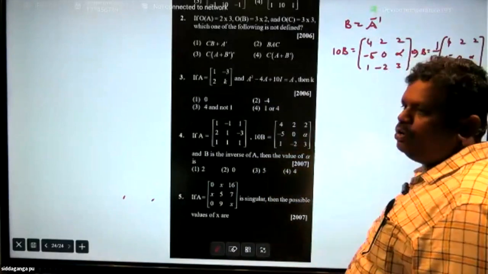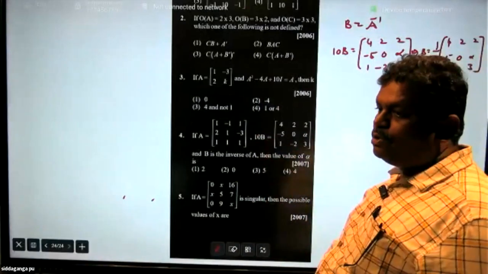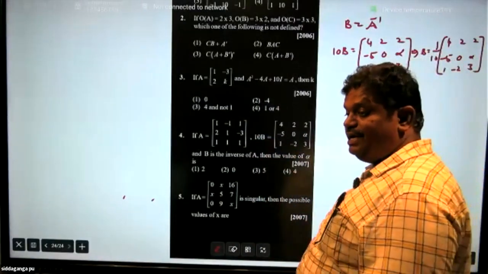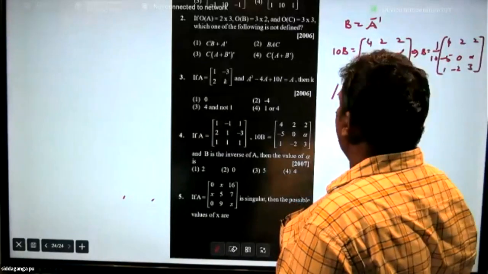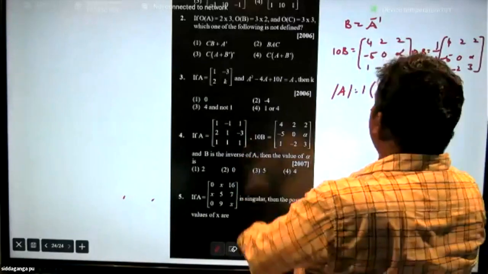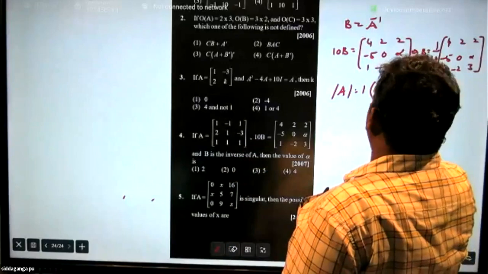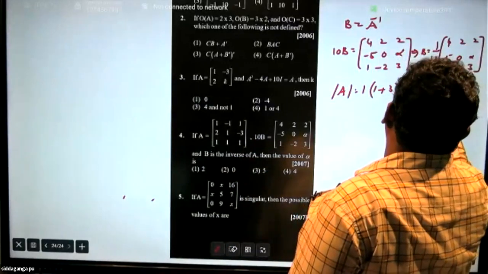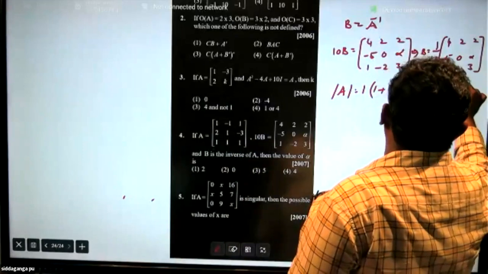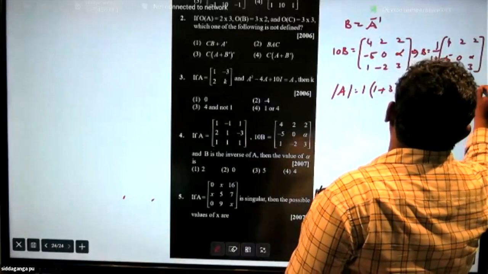Now B is equal to A inverse. As I already told yesterday, how to find A inverse: first we find the det A value. For a 3 by 3 matrix, det A means 1 into this value, 1 plus 3, plus 1 into 2 plus 3, plus this value 1 into 1 into 2 minus 1.